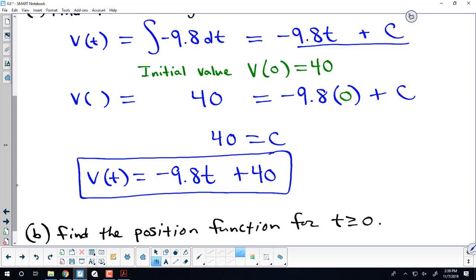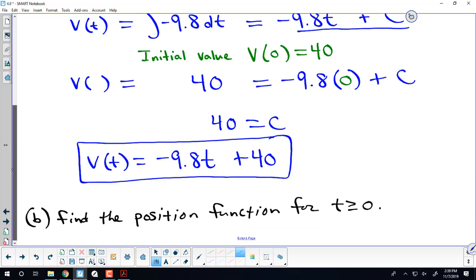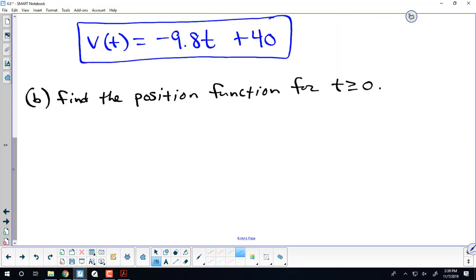So we've got a velocity function, then we can find the position function. The position function s of t is the antiderivative of velocity.